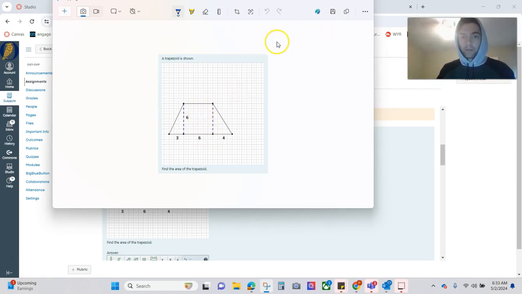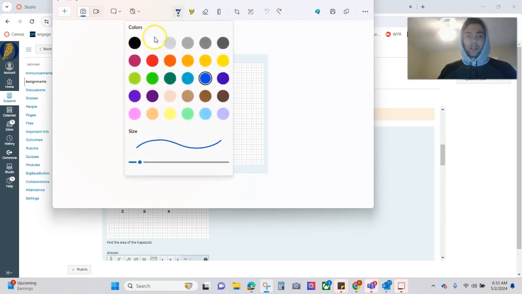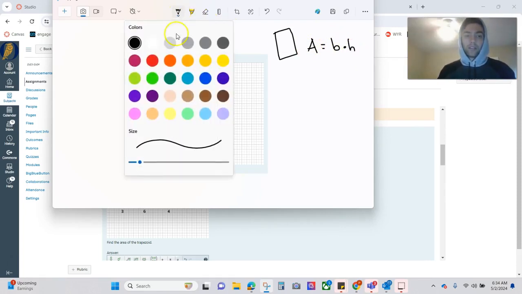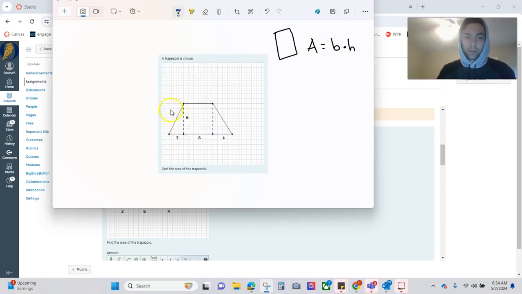Let's find the area of the square first. To find the area of a square, we can use the formula base times height. And let's scribble out these triangles so they don't distract us.